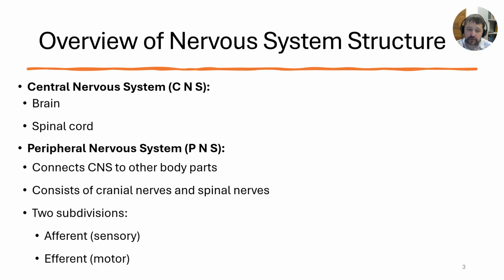And that can be divided into two subdivisions, or two different processes. Is it an afferent sensory, or is it an efferent, meaning it's motor?